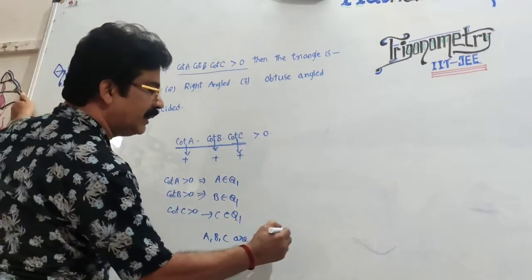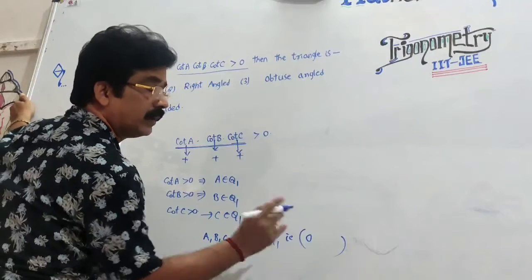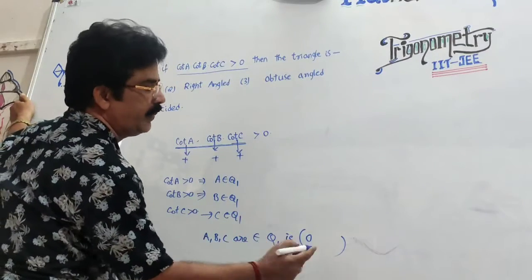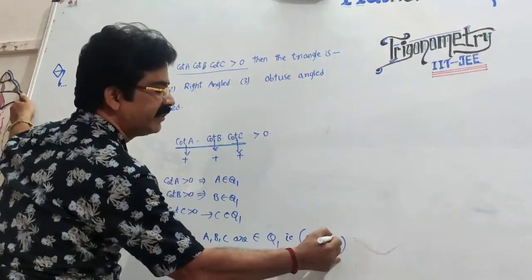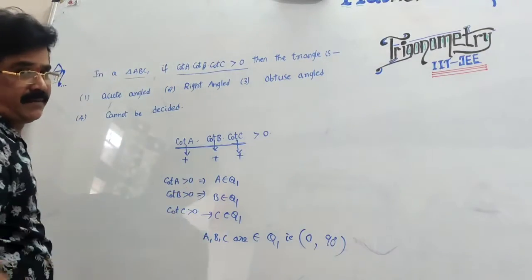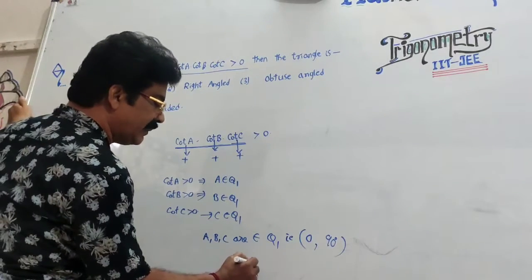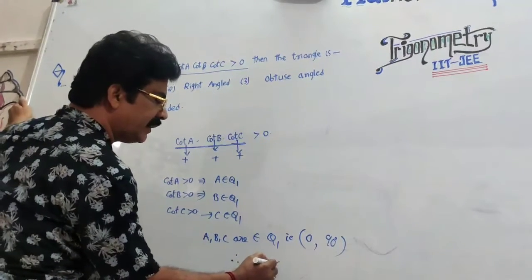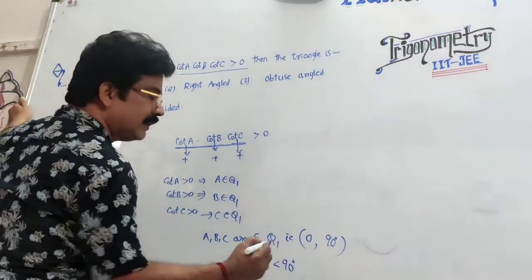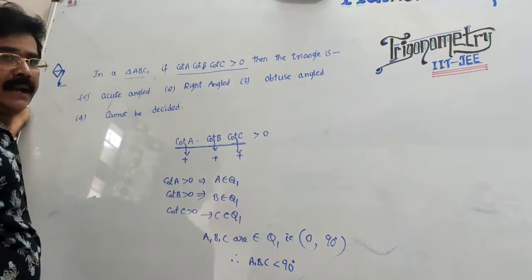First quadrant means the open interval: 0 but not 0, 90 degrees but not 90 degrees. That's why it should be in an open interval. Therefore A, B, C are all less than 90 degrees. Less than 90 degrees means acute angle.